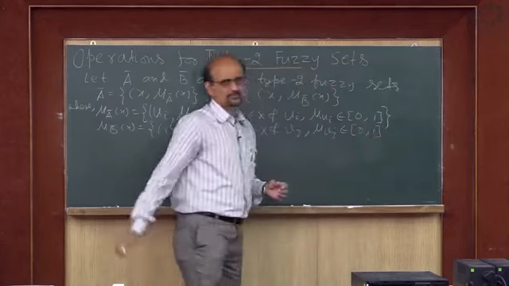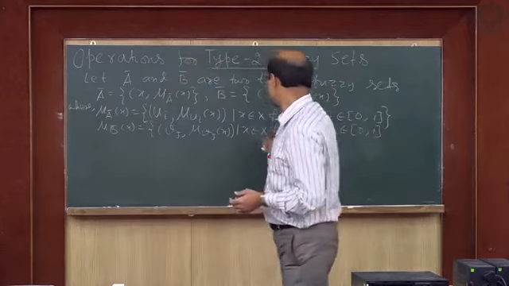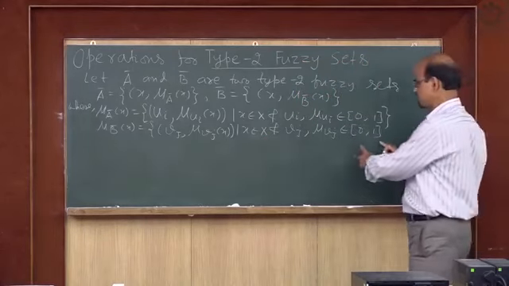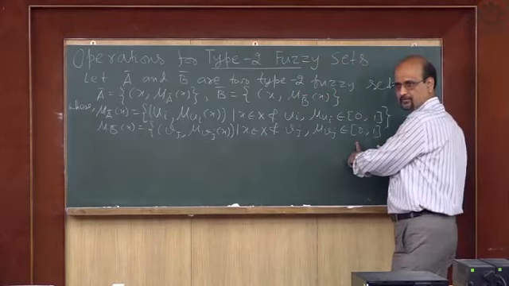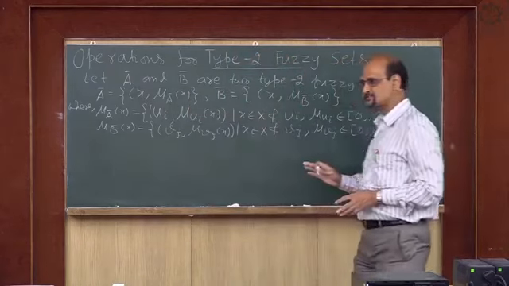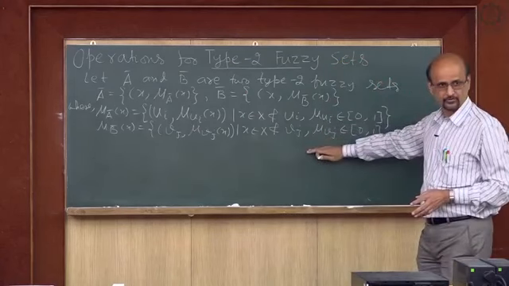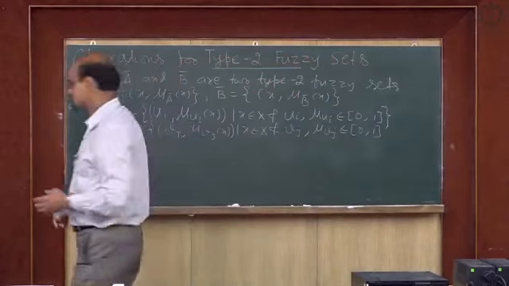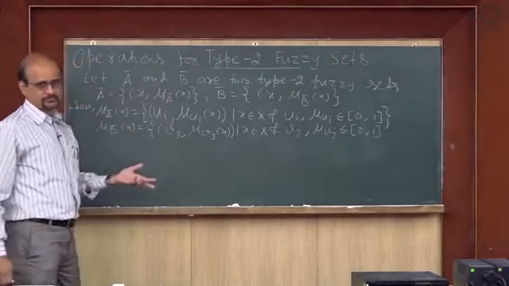That means those are the values in the interval 0 to 1, including 0 and 1. That is why these two sets are type 2 fuzzy sets. So, with this in mind, we will now first define the intersection of these two type 2 fuzzy sets.